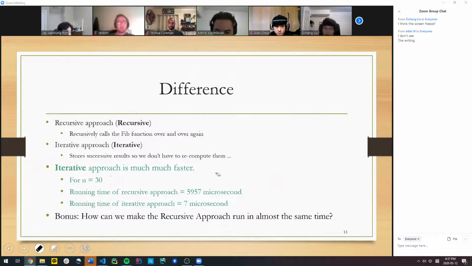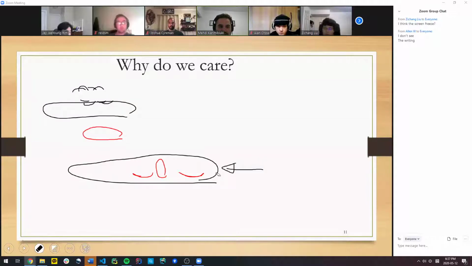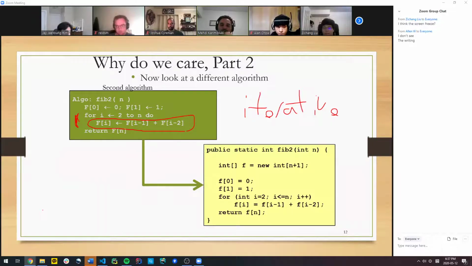Right. So you guys saw these, right? That's what I was trying to say. So that's a recursive call. We were trying to call the Fibonacci recursively. And then for part two, we have the iterative approach.